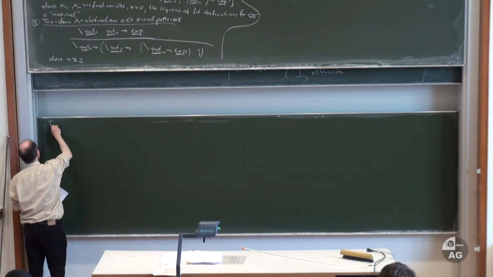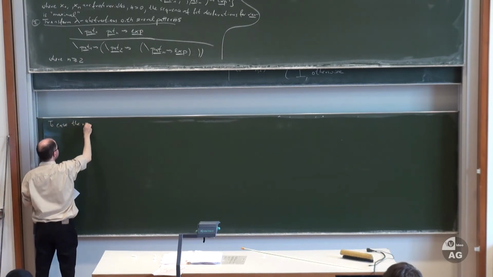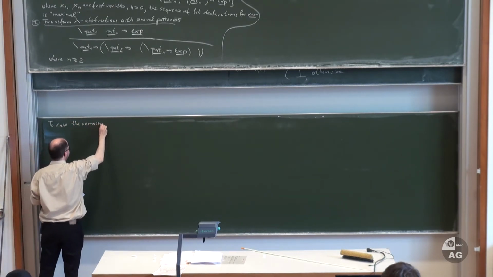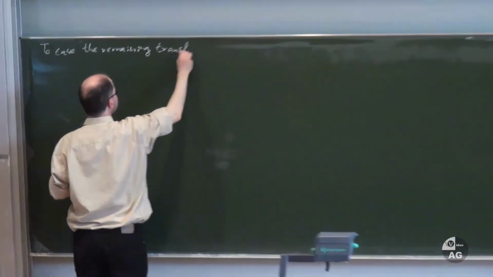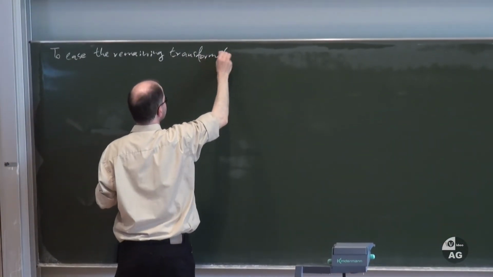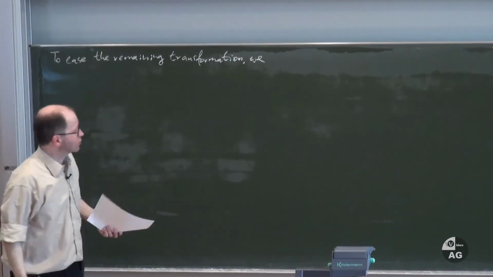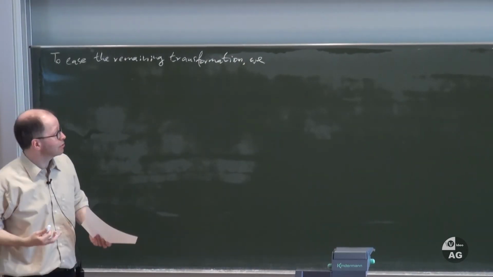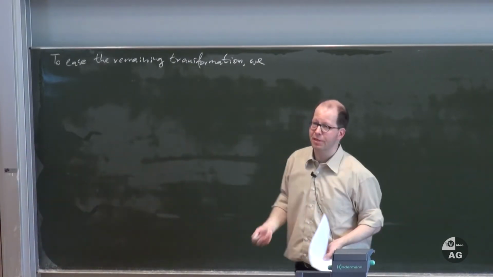And this new construct we will eliminate afterwards again. So to ease the remaining transformation, we transform case constructs into constructs with a special keyword match. And these match constructs will be eliminated again afterwards.